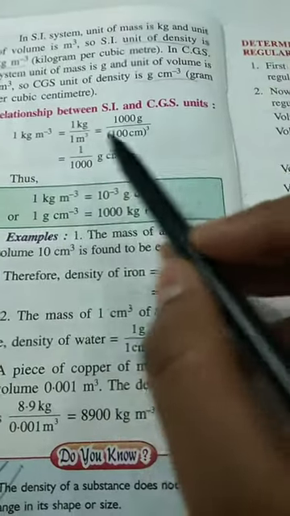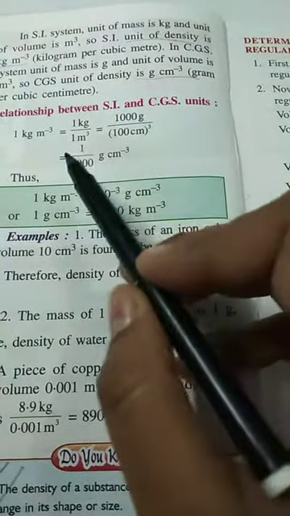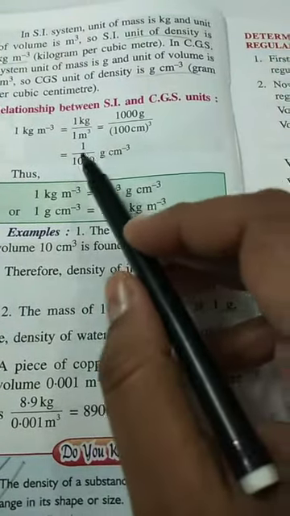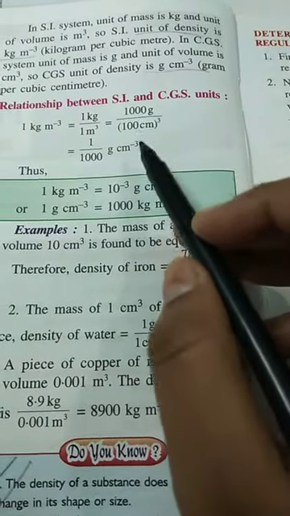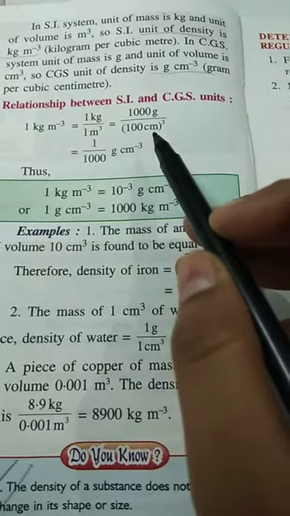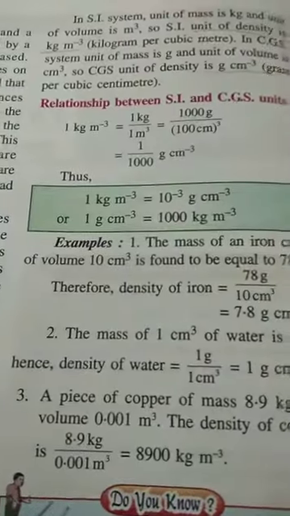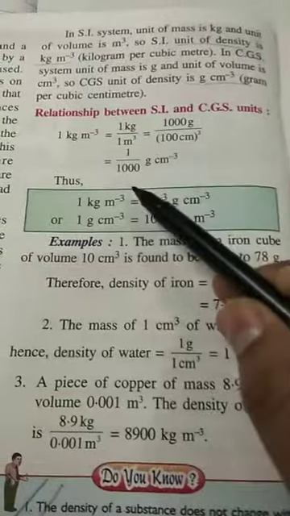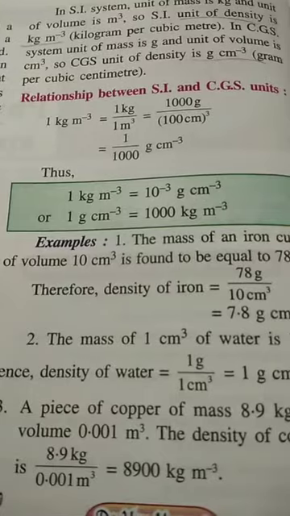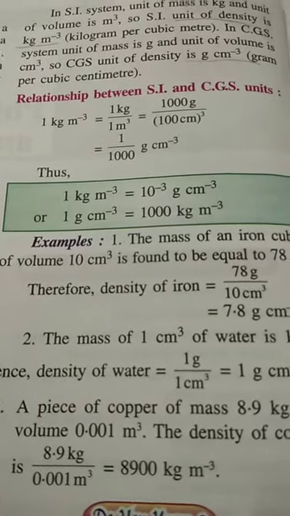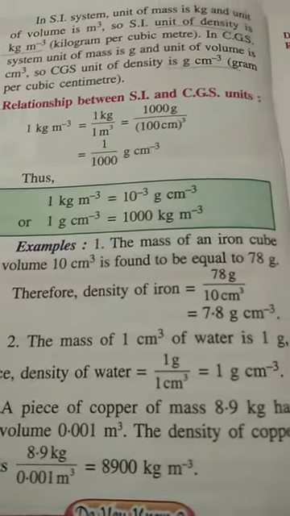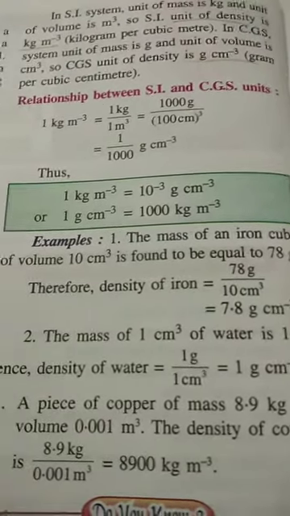It can be written like this: 1 kg is equal to 1000 grams and 1 meter cube is equal to 100 centimeter cube, which will be equal to 1 upon 1000 gram per centimeter cube. So 1 kg m to the power minus 3 is equal to 10 to the power minus 3 gram per centimeter cube.